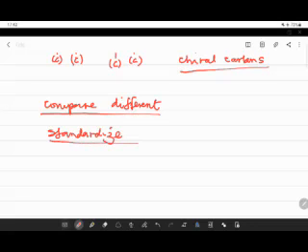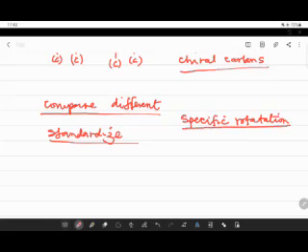So we define a parameter we call specific rotation.